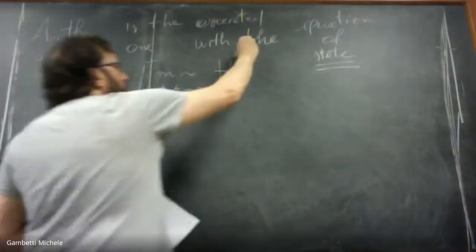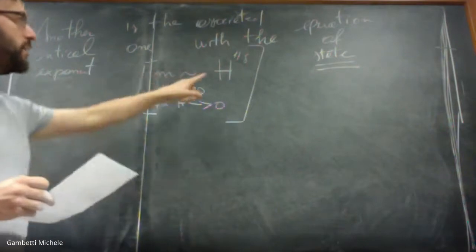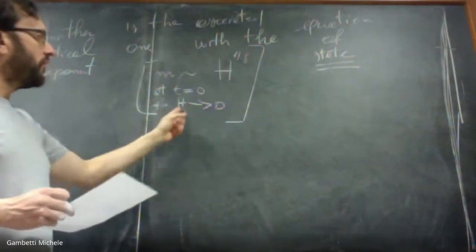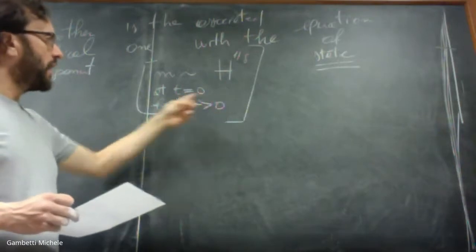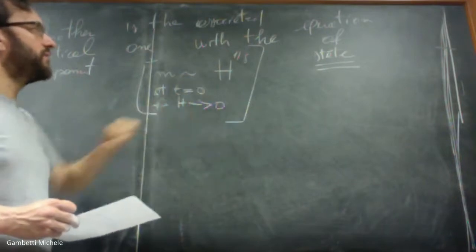So the other critical exponent, which is delta, associated with the equation of state, is provided by the scaling of M with H, for H approaching 0 and T identically 0. Okay, this is the way it is defined.